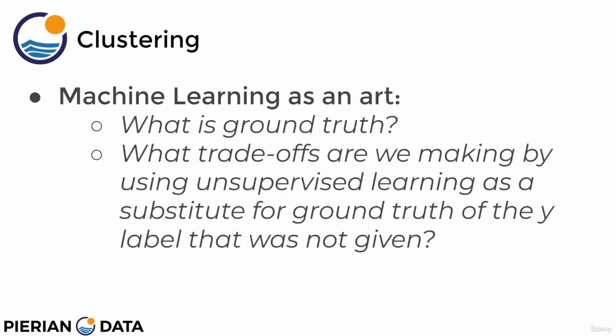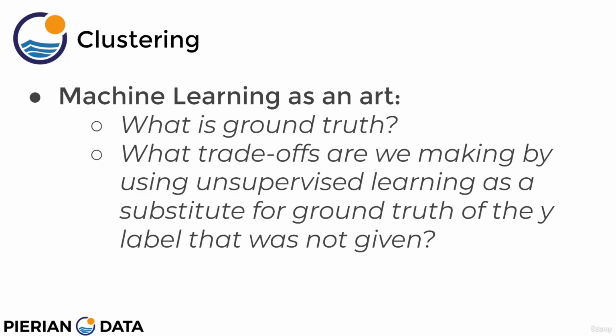And then when it comes to unsupervised learning and clustering in general, this is where we start to discover machine learning is just as much an art as it is a science. And when we're thinking about art, we start actually getting into a little more of a philosophical understanding of machine learning. Because recall, we're actually discovering potential Y labels.